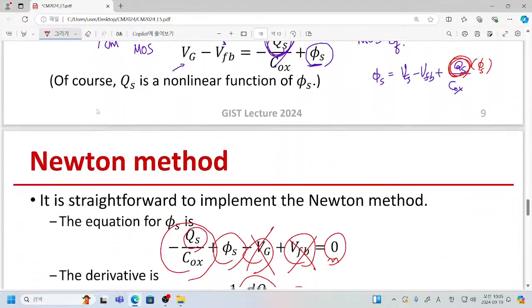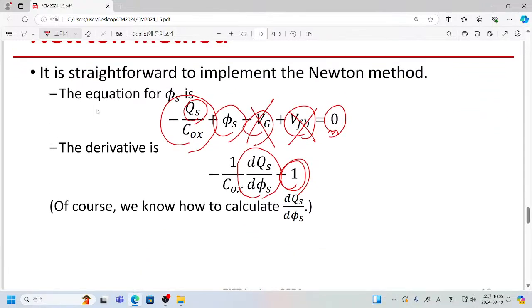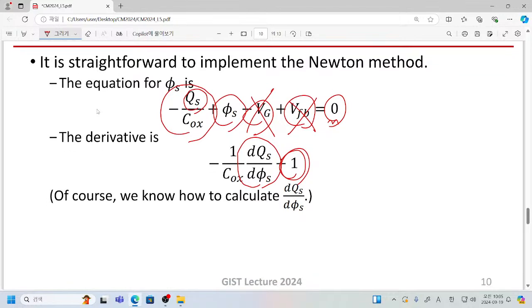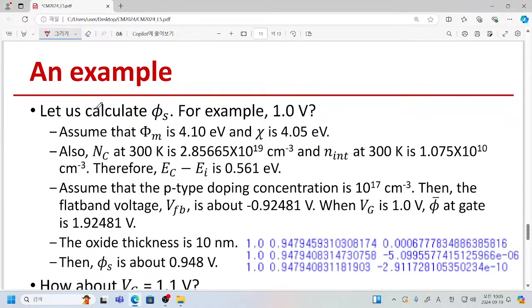So by performing the function evaluation and the calculation of this derivative, you can apply the Newton method and get the solution. Let me show you an example.